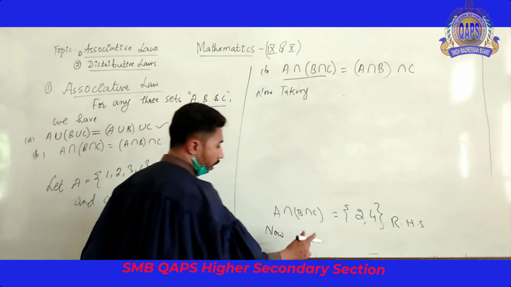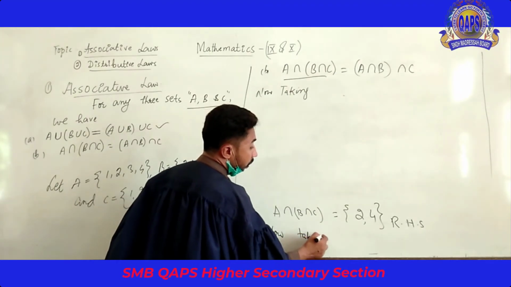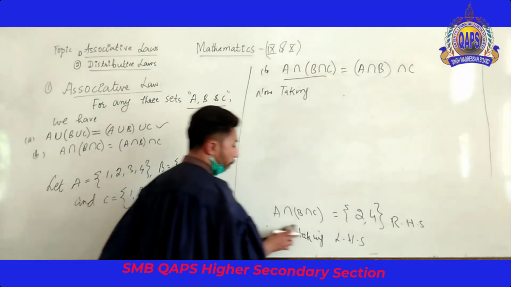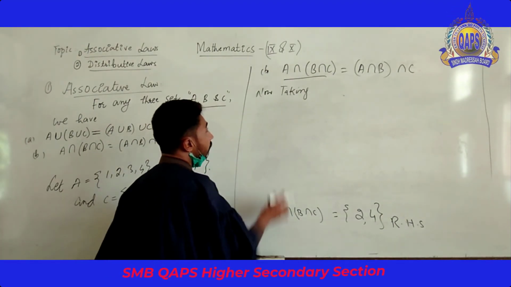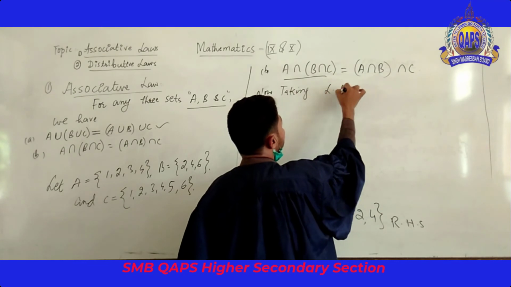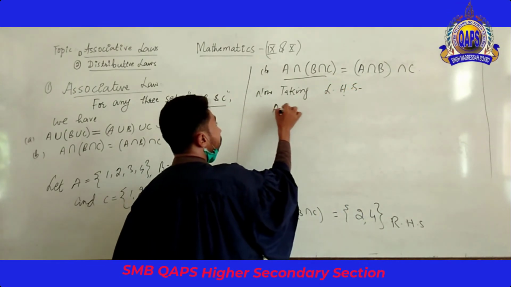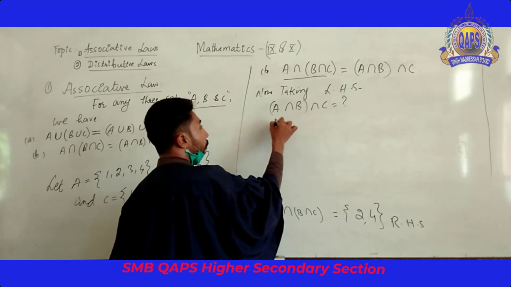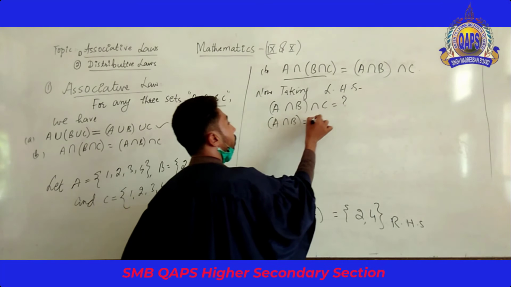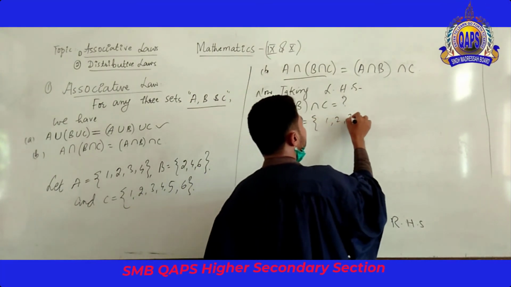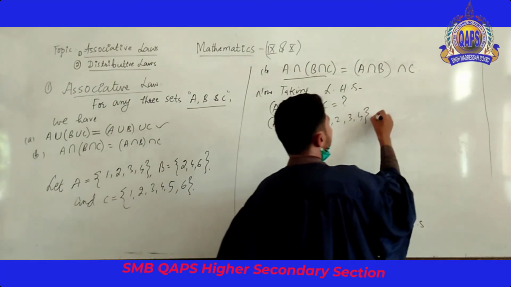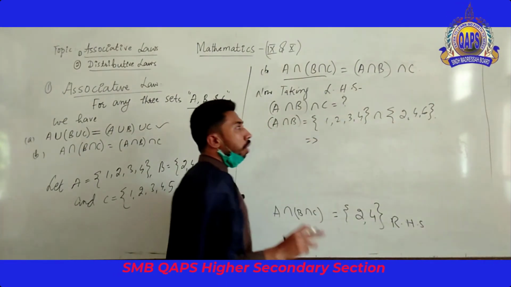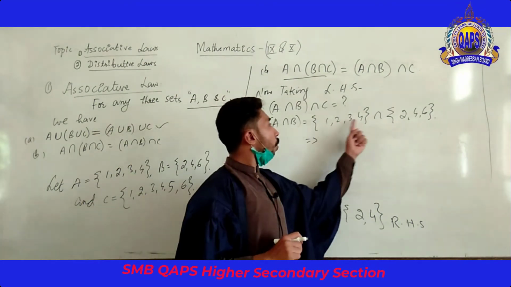That's why we write it here now, rather than on another page. So now we take the left hand side, where the left hand side is (A intersection B) intersection C. First we solve the bracket, A intersection B. A contains 1 to 4 and B contains 2, 4, 6, in which two elements are common, 2 and 4.